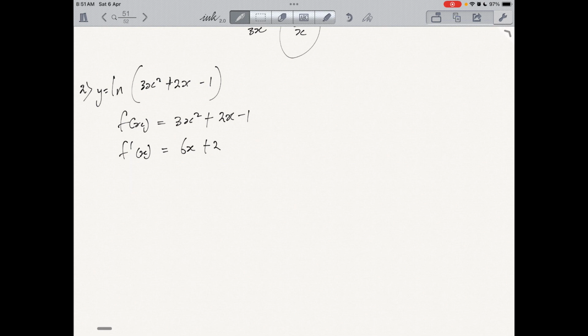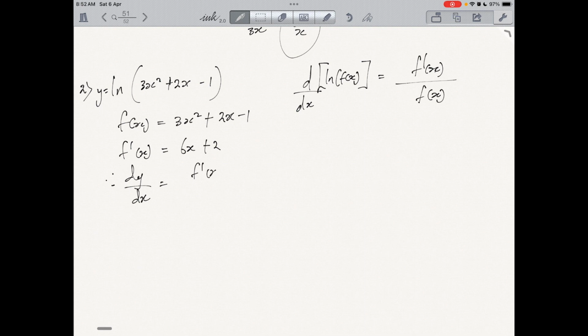We understand that whenever we differentiate a function ln f(x) with respect to x, our answer will give us f'(x) divided by f(x). Therefore, dy/dx in this case is f'(x) divided by f(x), and that will give us 6x plus 2 divided by 3x squared plus 2x minus 1.